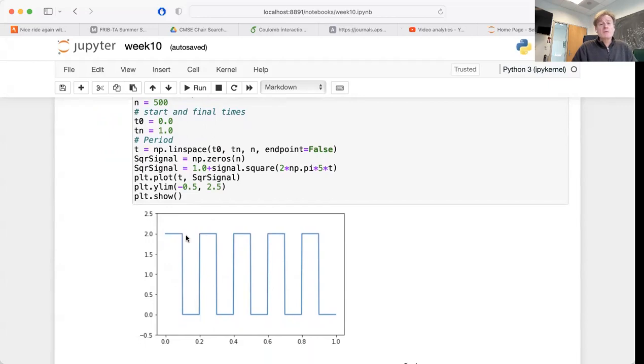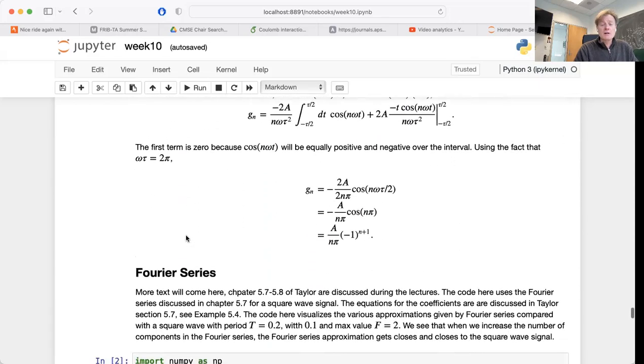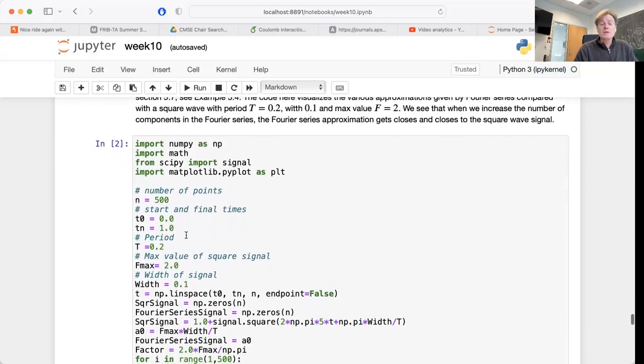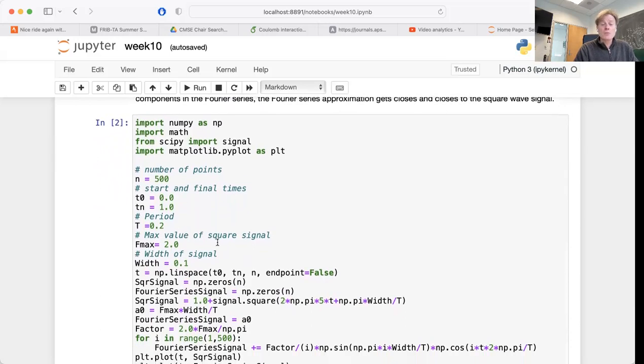Now, it sounds a little bit counterintuitive that we can represent such a square wave function in terms of an expansion of sines and cosines. But let's see how we can do that. If you scroll down a little bit in the slides from week 11, you will see an implementation of exactly what we are saying now. So we are expanding this square wave, which we have generated here. You can see the square signal is generated here.